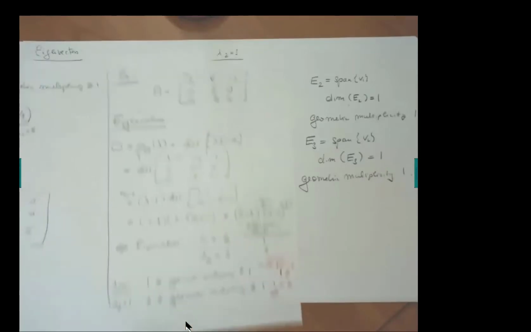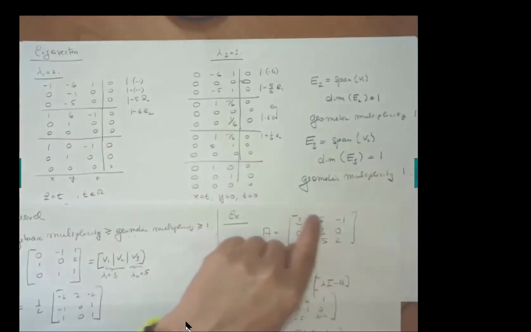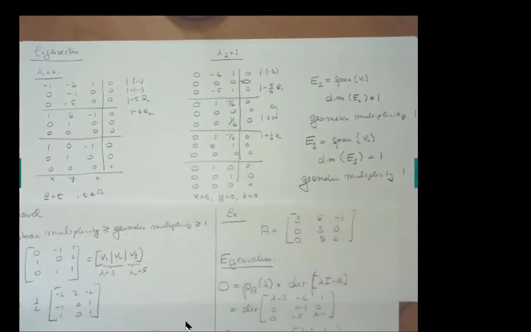So it turns out this matrix looks very simple, but you cannot diagonalize this matrix because you don't find 3 eigenvectors. You only find 2. So this matrix cannot be transformed into a diagonal matrix, because transforming into a diagonal matrix means you have a basis of R3 of eigenvectors.